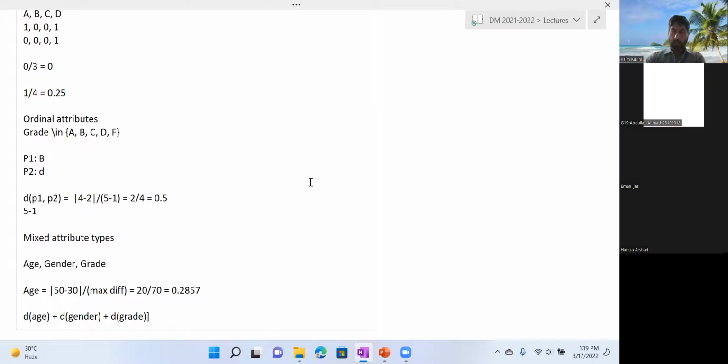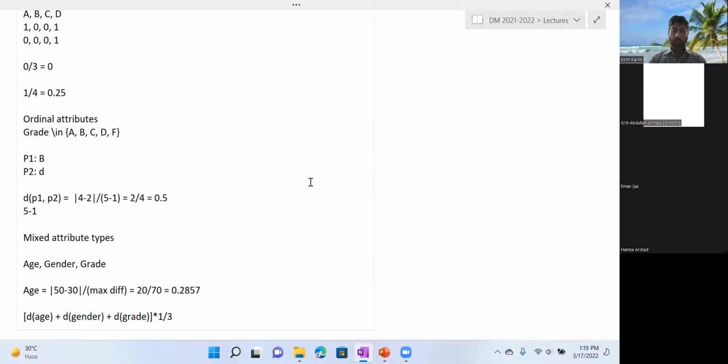And then of course you can take a weighted average, or you can also do a simple average, which is 1/3. Okay. So if you have mixed attributes, you can define your dissimilarity in this way.